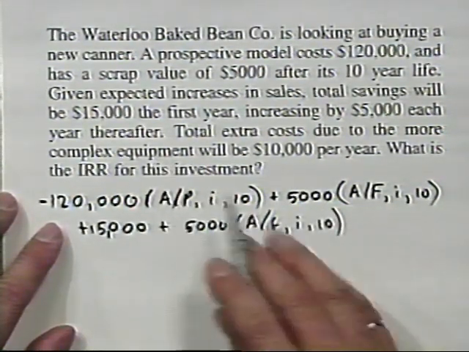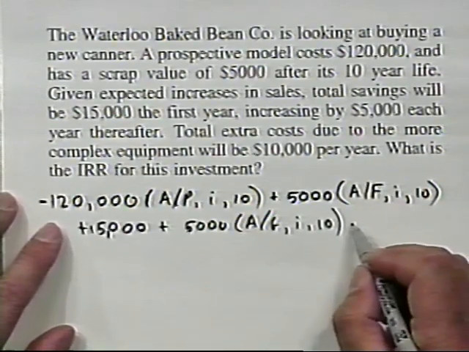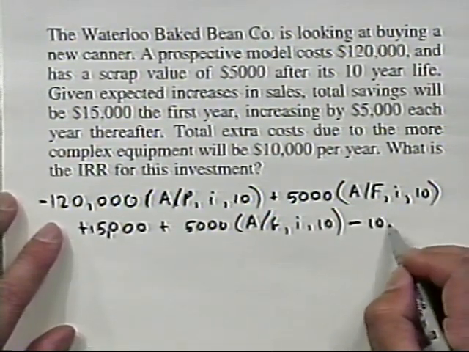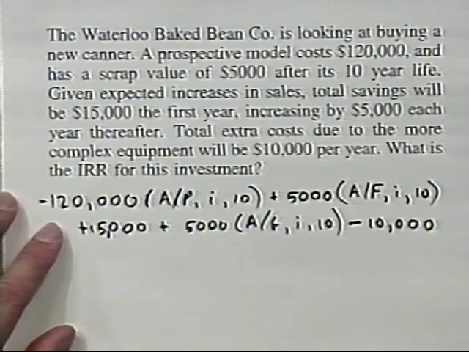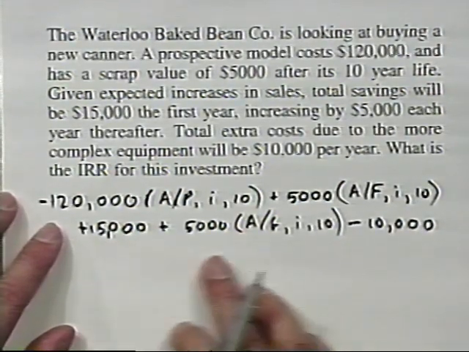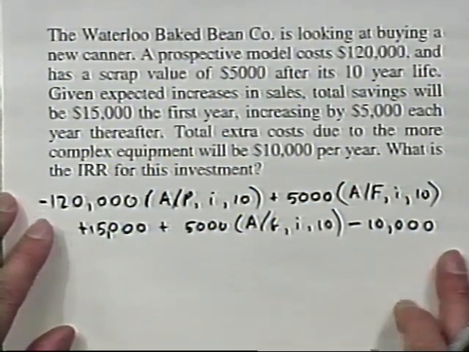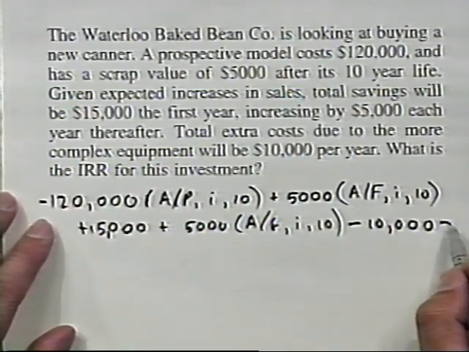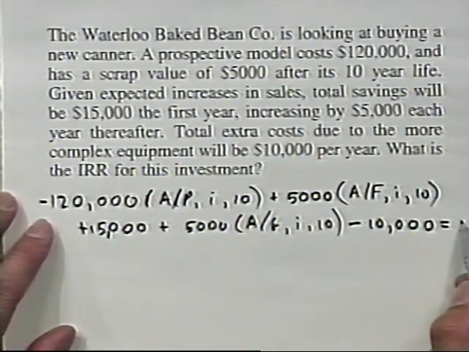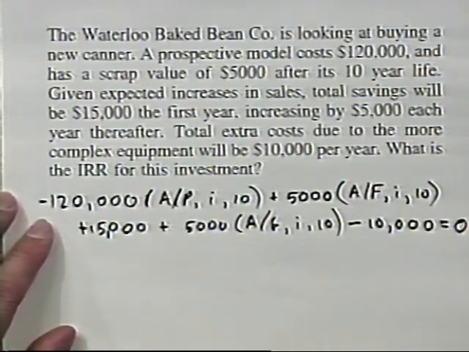And the final component is the costs, so that's negative $10,000 per year. And so that's all the costs and benefits. Since they're going to be set equal to one another, I can set that whole left-hand side equal to 0.